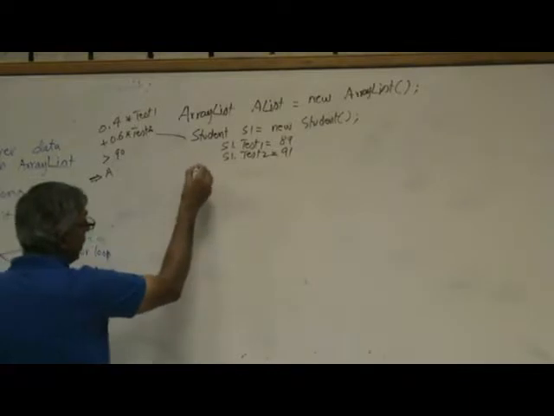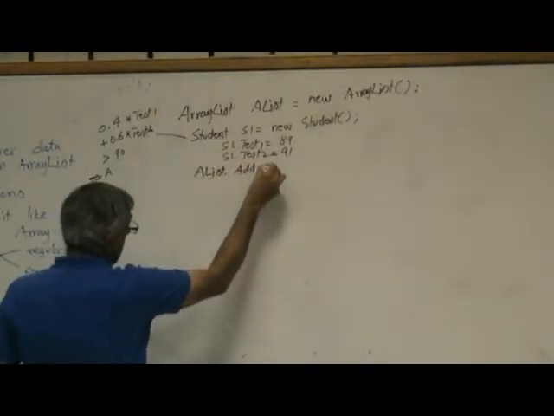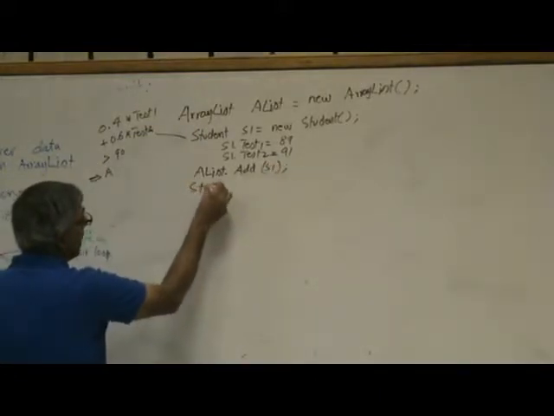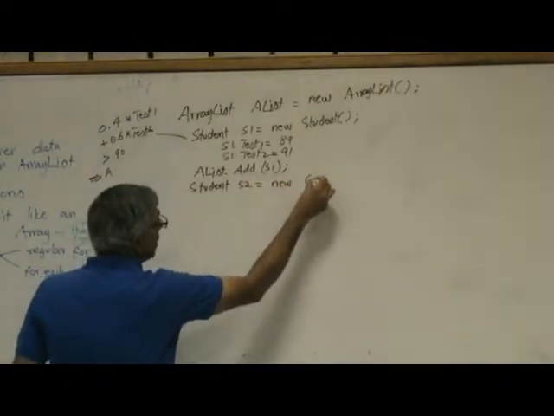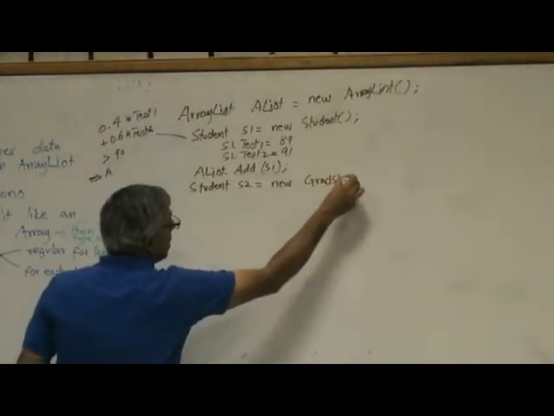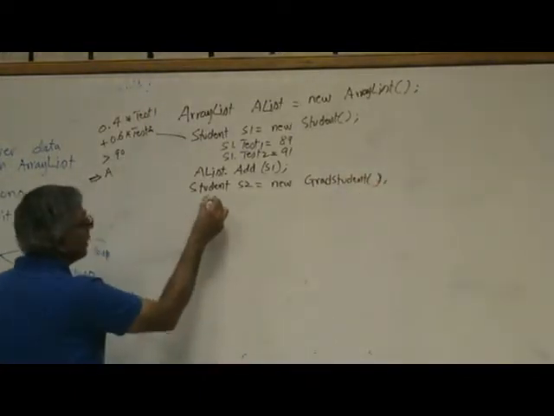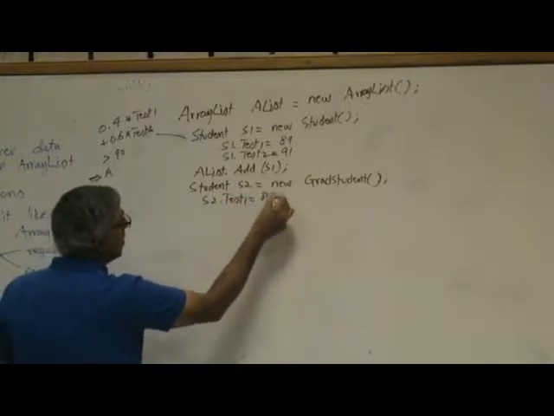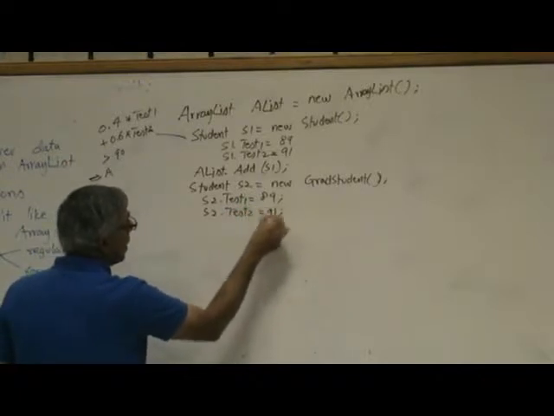Okay, so then we do a list.add S1, correct? Now we create one more student, S2 equal to new grad student. Okay. We do S2 dot test1 also 89, S2 dot test2 also 91.